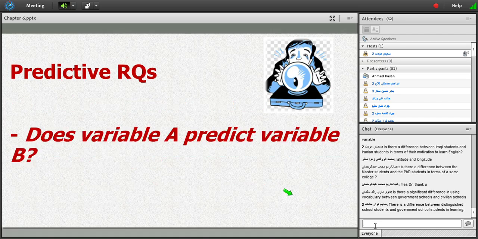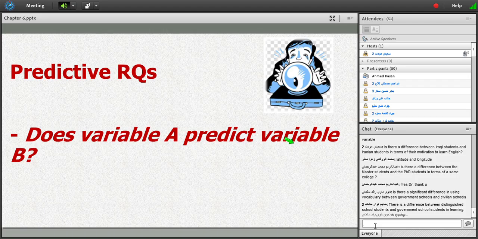So the pattern for predictive research questions is like this. Does variable A predict variable B? So we want to check whether variable A, which is the independent variable, can predict the future behavior or outcome of variable B, which is the dependent variable.